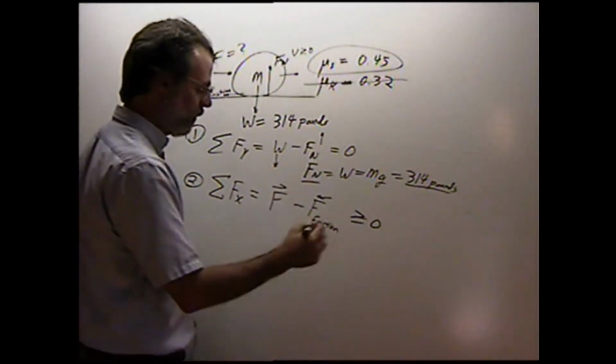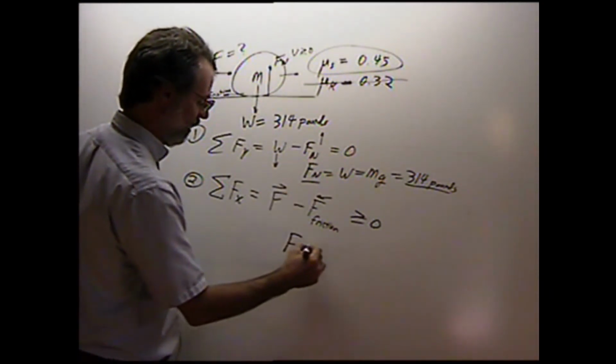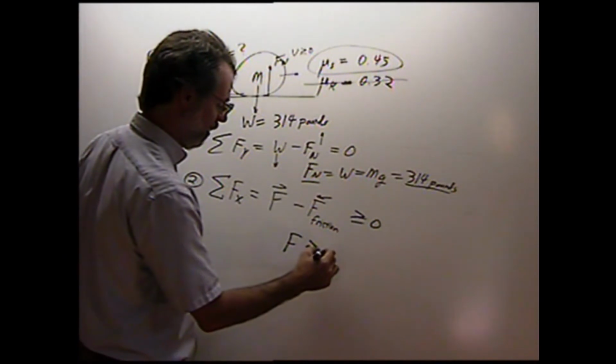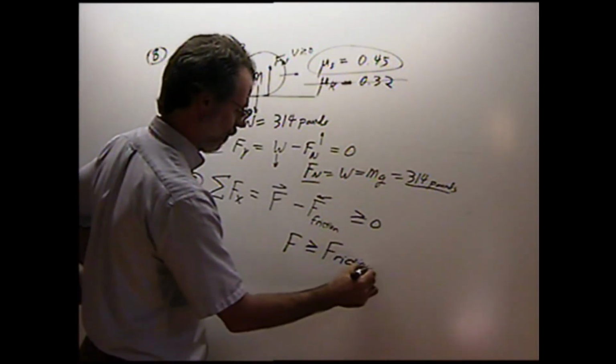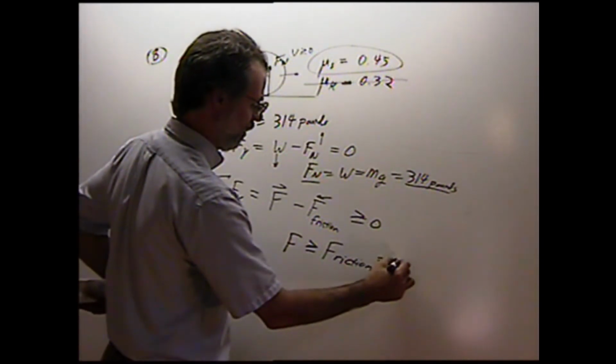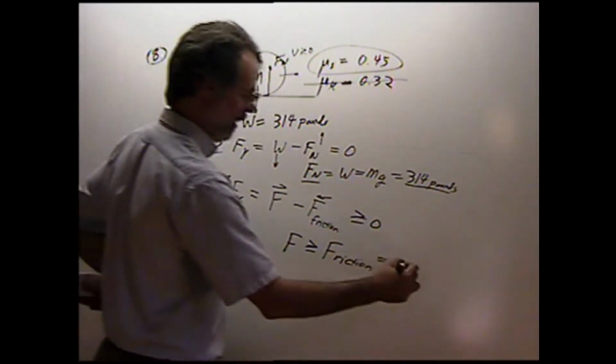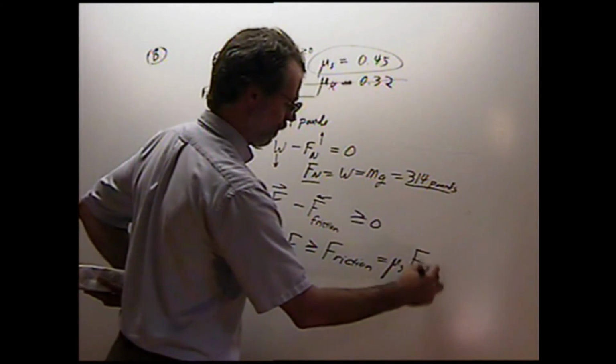And so we just barely want this to be equal to 0 or maybe slightly greater than 0. Okay, so the minimum force he has to apply is the friction force, which is the static coefficient times the normal force.